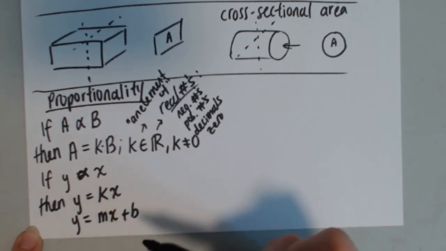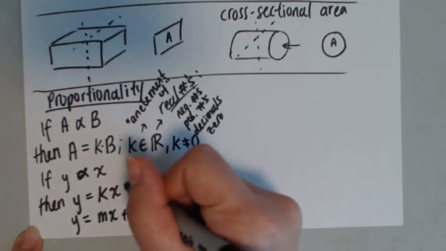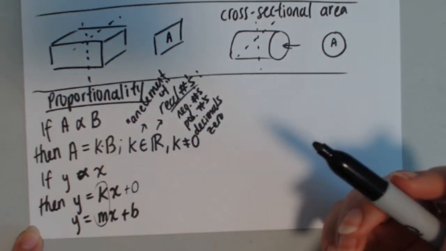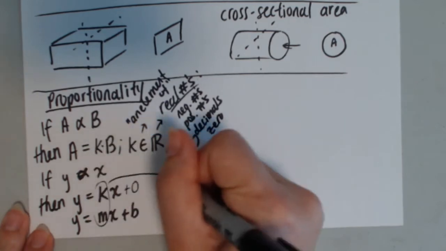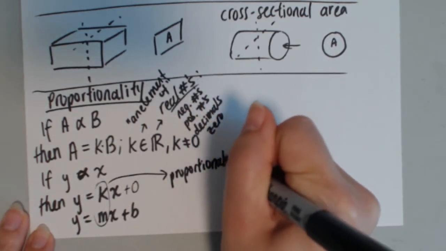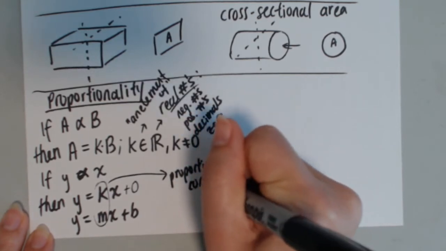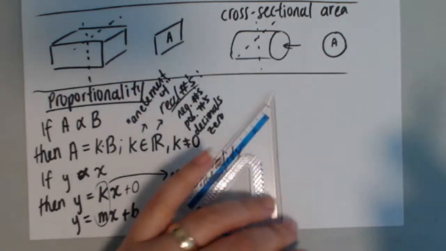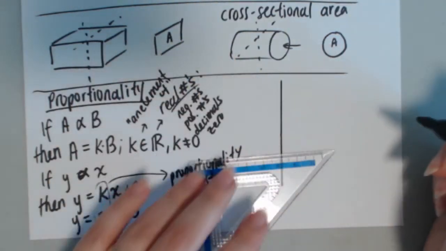So if you compare this to the equation on top, what's the y-intercept? It's 0. What's the slope? Whatever that proportionality constant happens to be. So that k is the proportionality constant. Now, if you have a straight line with a y-intercept of 0, it's going to look something like this.